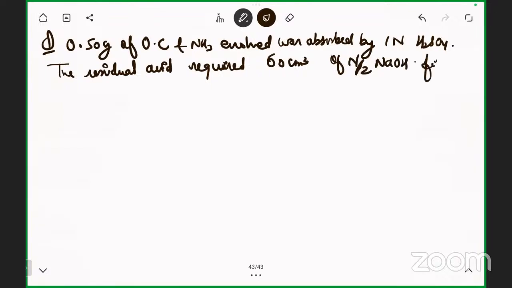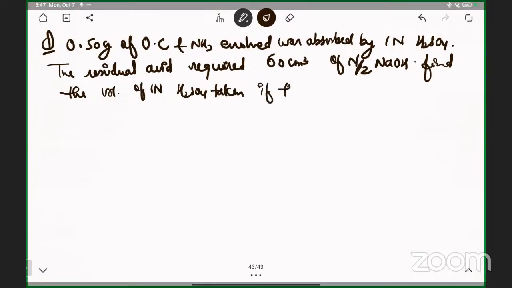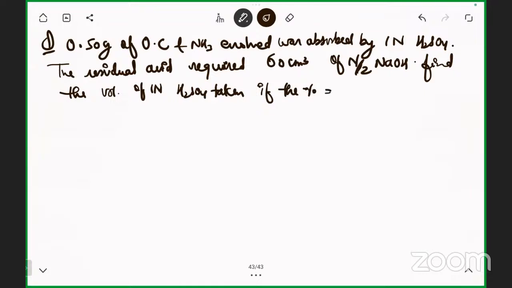Find the volume of 1N H2SO4 taken. Here we have to calculate the volume taken if the percentage is given. Percentage is 56. Now how will you do it? First you will assume things.